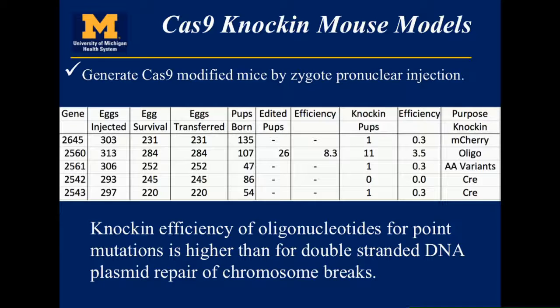So in this mCherry example, we got out 1 pup for 303 microinjected eggs, and this DNA donor with multiple amino acid variants, it was 1 pup out of 306 zygotes. In this example of CRE, it was 1 pup out of 297, and you'll notice this one was not successful.